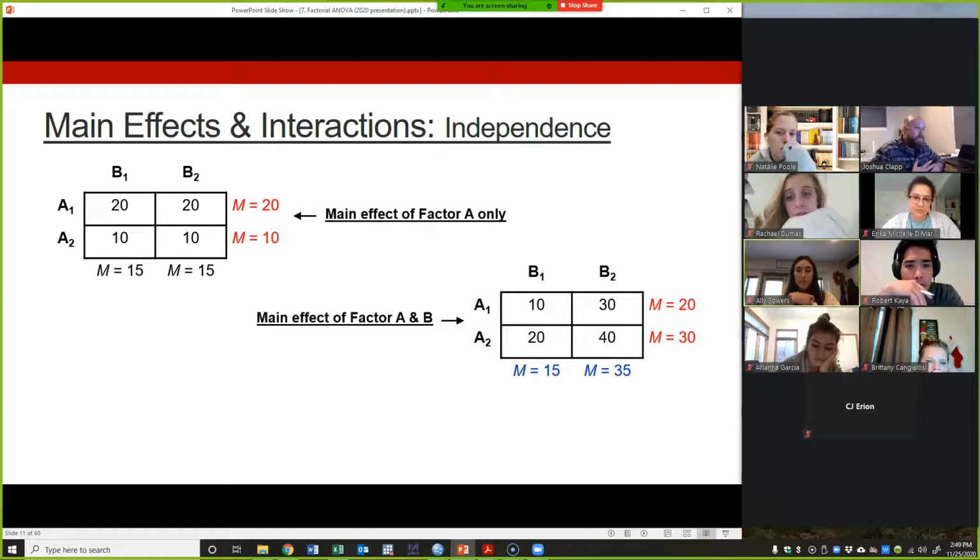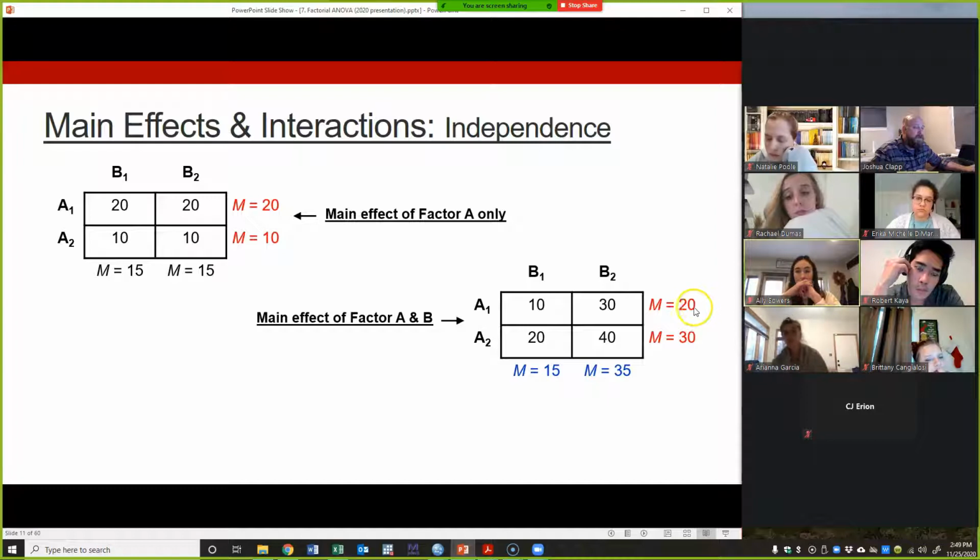Okay. Here, we've got a scenario where we're seeing main effects of both factor A and factor B. We're seeing in our margins here, we're getting a 10-point increase from A1 to A2. We've got a 20-point increase from B1 to B2, right? So we've got a main effect of A, a main effect of B. But if we look at our cells, we really don't have any evidence of an interaction, right?